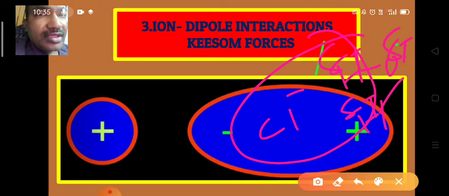Such attractions that exist between the ions and the permanent dipoles are known as ion dipole interactions. Due to these interactions only, salts dissolve in large amounts in water. So these are ion dipole interactions.